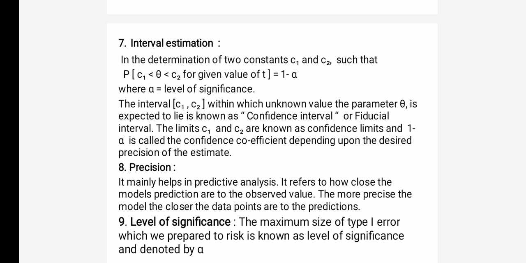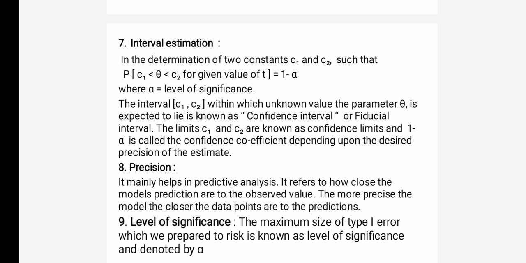Range means, let us consider the same example, crop yield. Crop yield per acre, I decided as 30 now. 30 is the point estimation. But if you say the interval of estimation of the crop yield is 20 to 35, that is the interval estimation.